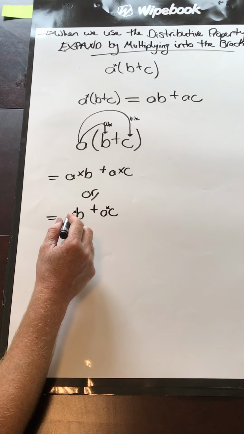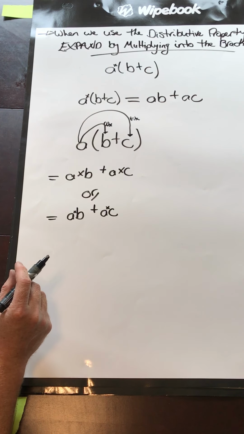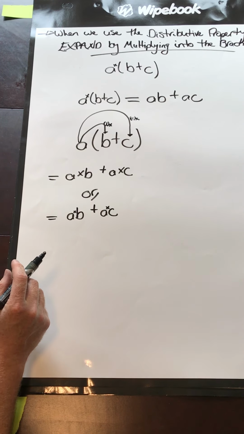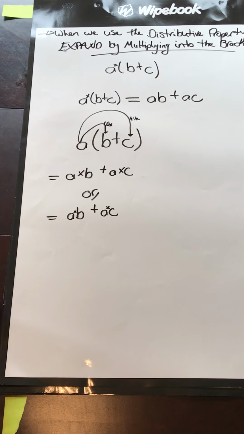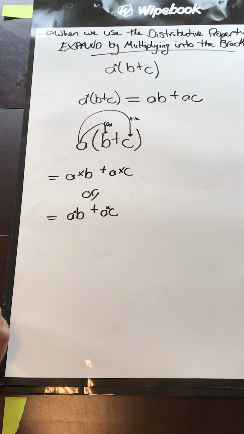Okay, and then we're adding AB plus AC. So when we use the distributive property, we expand by multiplying into the brackets.